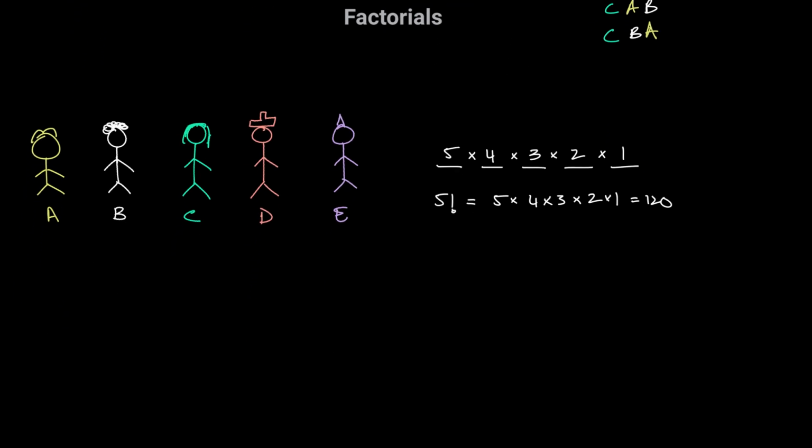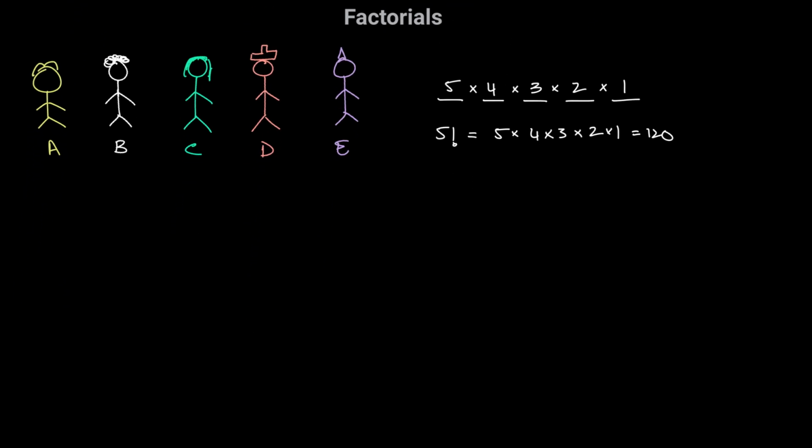Now again, if you were to state this more generally, if we had n different objects, we would have n factorial, which is simply n times n minus 1 times n minus 2 all the way down to 1.